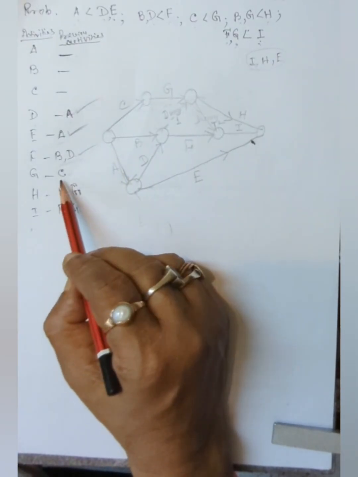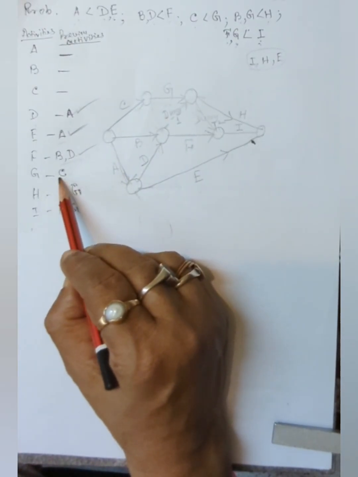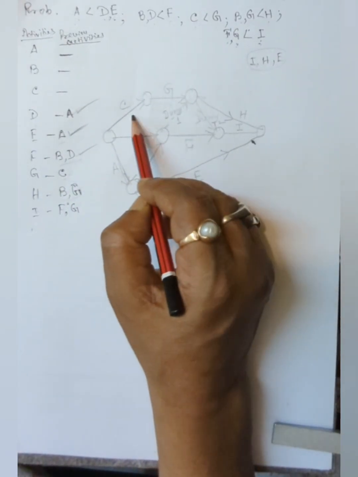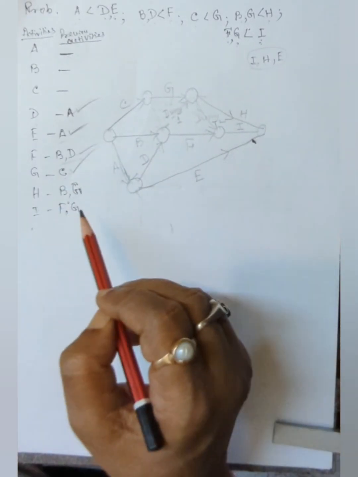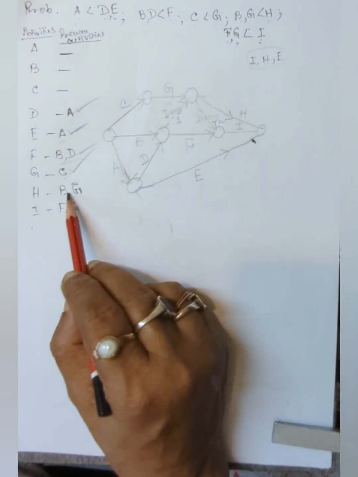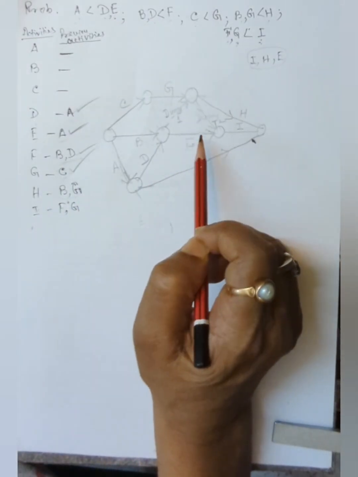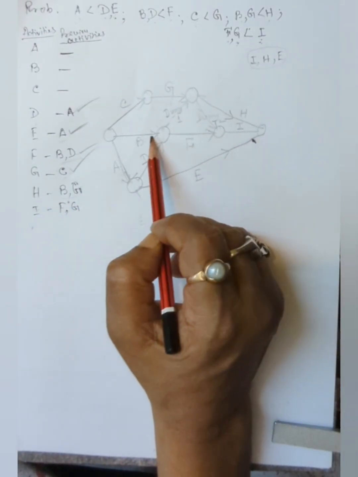Done. Now C is to be completed before starting G. Where is C? C is to be completed before starting G. B and G are to be completed to start H. Where is B?